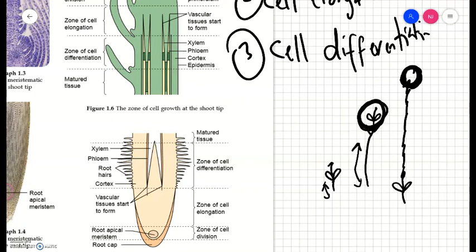Bila bertambah, kamu tengok apa jadi? Dia akan jadi tinggi, it grows. Sebab kadang students get confused with the sequence. They confuse mana satu zone elongation, mana satu zone differentiation, which is the zone of division. Again, think logically.